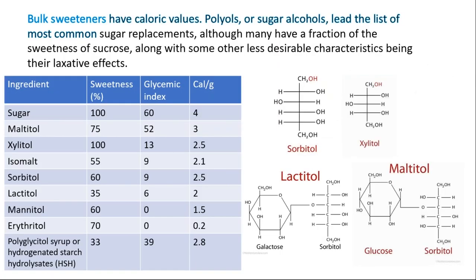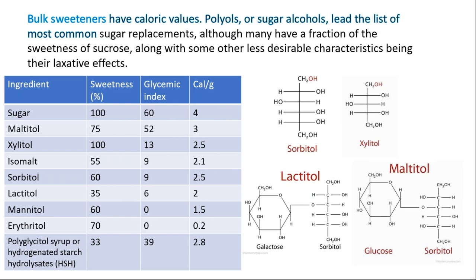So now coming to the sugar alcohols, these have got caloric value. They are all polyols. That means they've got several hydroxyl groups on them. So you see sorbitol, and then you have xylitol, which has got a number of hydroxyl groups.